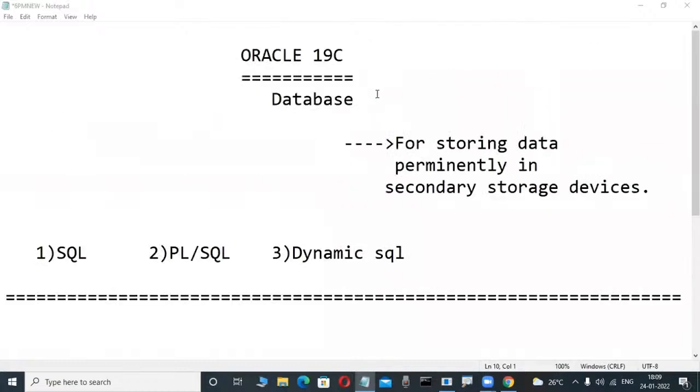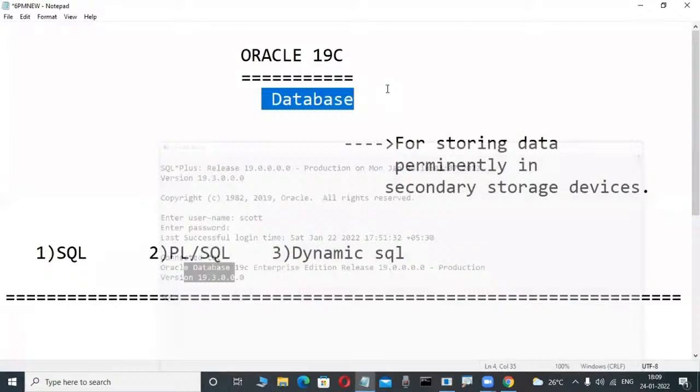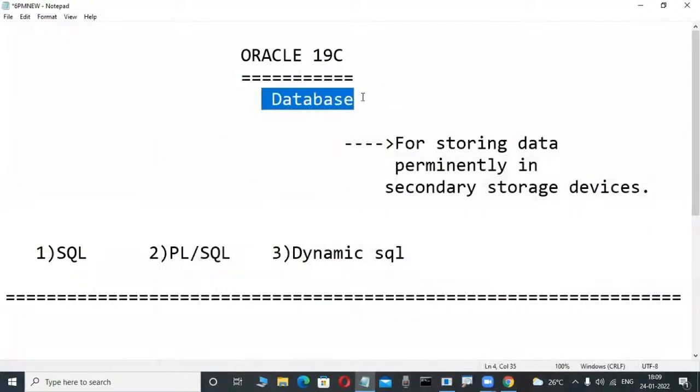Concentrate here. What I am telling: anybody not attending the previous classes, don't be afraid, don't worry. Simple. Now, Oracle is a product from Oracle Corporation. 19c is a version. Don't worry. This Oracle is a database product. Okay, fine. It is a database product only. These are the previous class notes, just for the idea, for newcomers. What is the purpose of this database product?